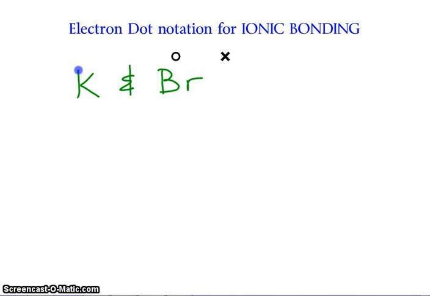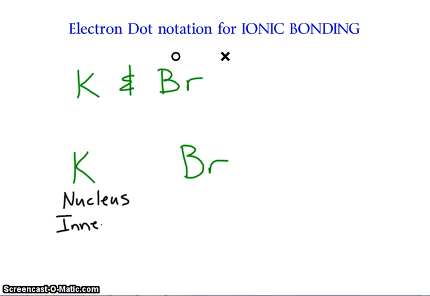The first step in doing electron dot notation is to write those chemical symbols down on the paper, leaving yourself enough room to work. As we talked about in class, these chemical symbols represent the nucleus of those atoms and the inner electrons, the electrons that will not be involved in the bonding.